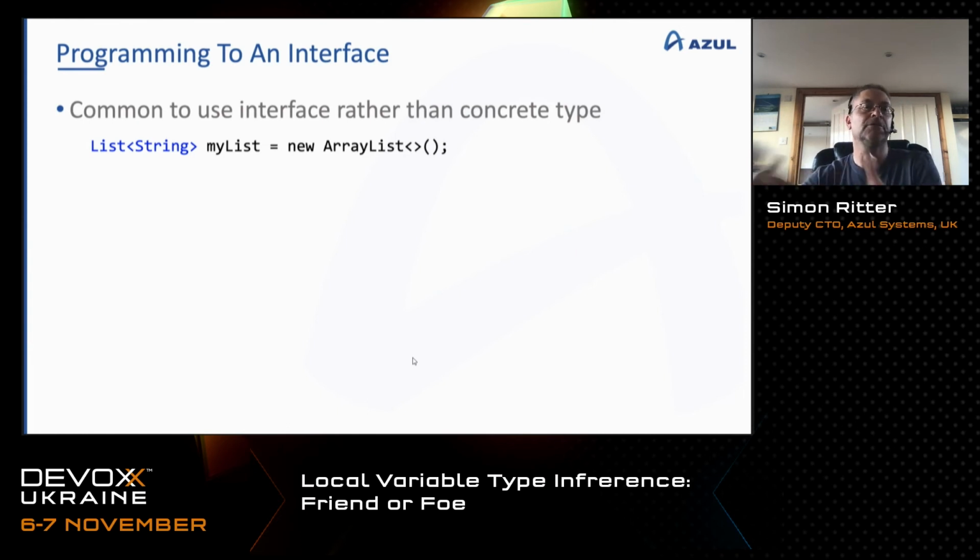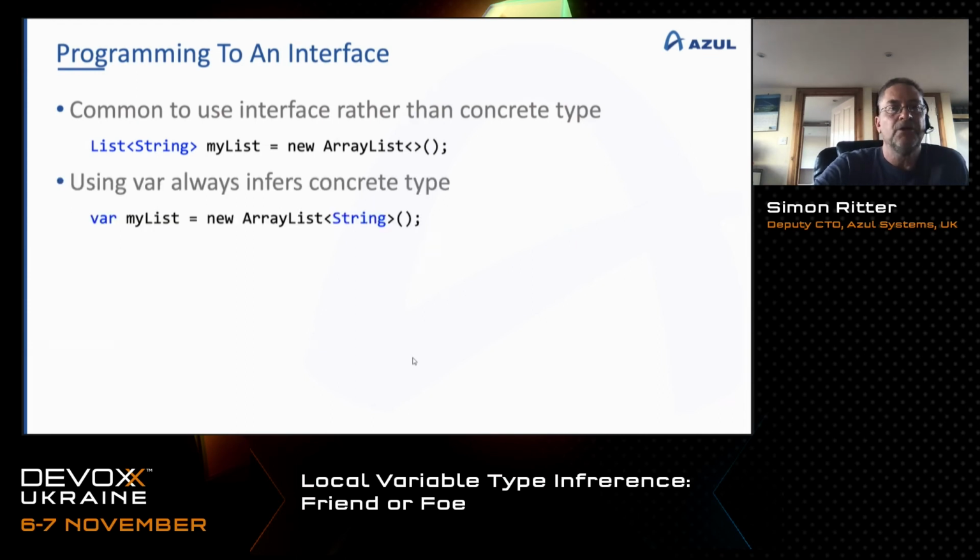We treat them as a higher level type. Good example here: list of type string is a new array list. Very common thing. Then whenever we need to pass a list of type string around, we can do that. Whether we use an array list or any other form of list, we don't have to worry about what the concrete type is.